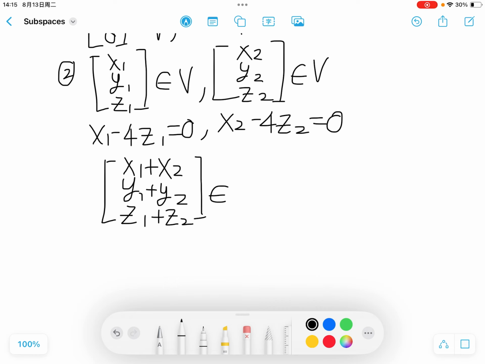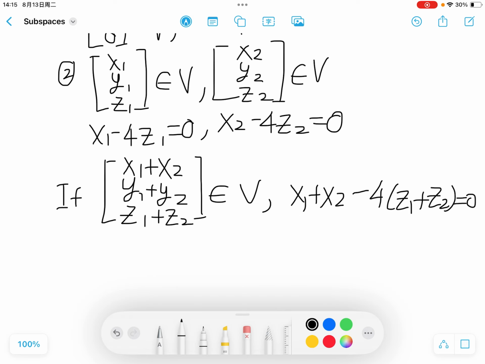This has to be in subset V. And so this means that x1 plus x2 minus 4 times (z1 plus z2) has to be equal to 0. But is that true? Let's find out. If we expand the brackets, we have x1 plus x2 minus 4z1 minus 4z2, and that's supposed to be equal to 0.